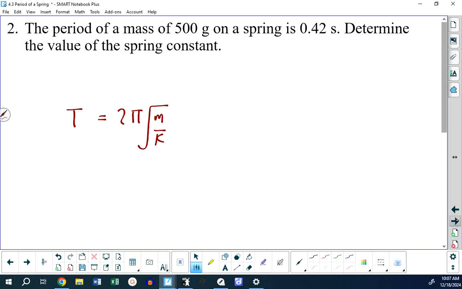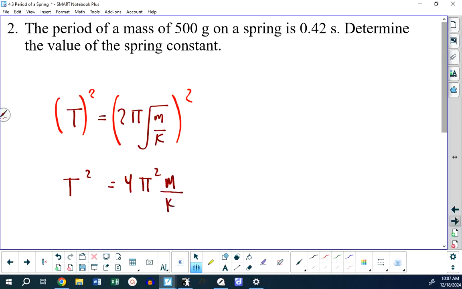And if you're in Math 20 right now, you will understand that one way to simplify this is to square both sides, because that will eliminate the square root. So if I square this side of the equation and this side of the equation, I'm going to get T squared equals 4 pi squared. 2 squared is 4. When I square pi, I get pi squared. When I square the root m over k, this is what I get.